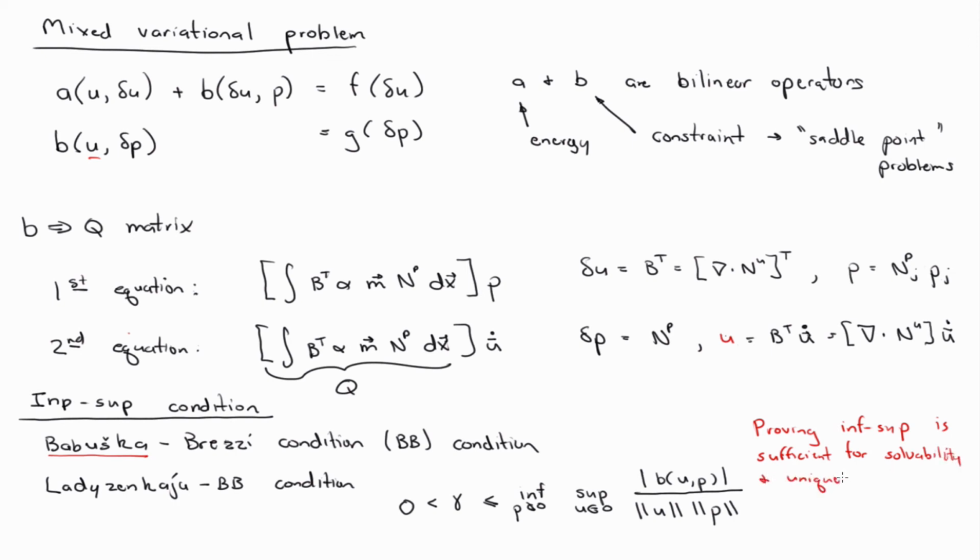Or another word to say that is what? If a system is solvable and unique, what is it? It's well posed, right? So this is a condition on the well posedness. Because just because we can derive a system of equations from a variational principle doesn't mean it's well posed necessarily. And we could go on computing solutions to that, but unless we have the mathematical theory that says it's unique, how do we know that that's the answer?